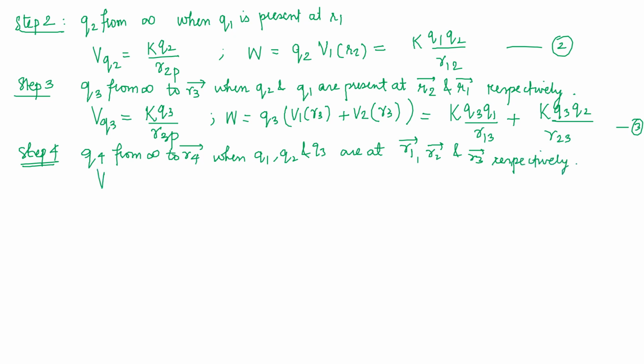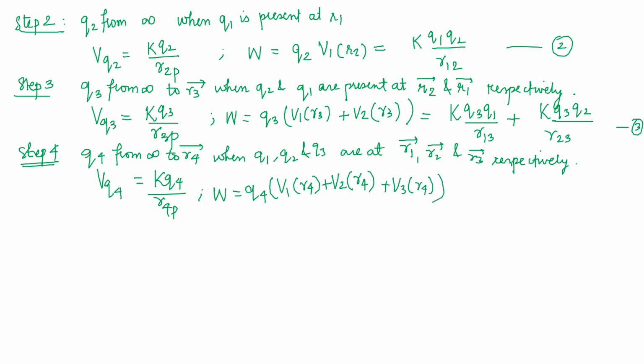The potential generated due to charge 4 is kq4 upon r4p, and the work done will be q4 into v1 at r4 plus v2 at r4 plus v3 at r4.